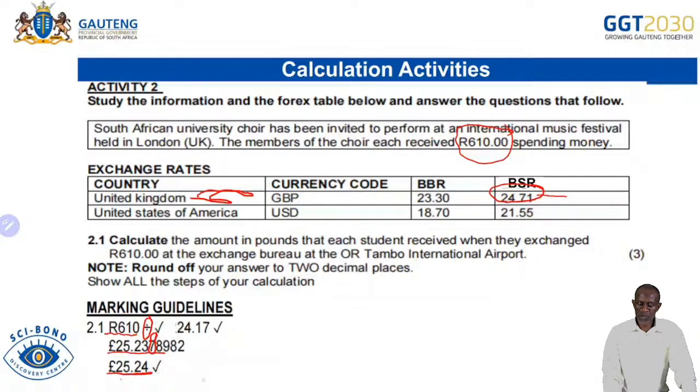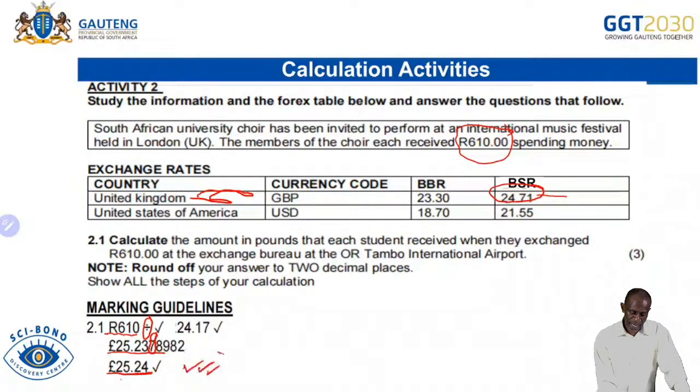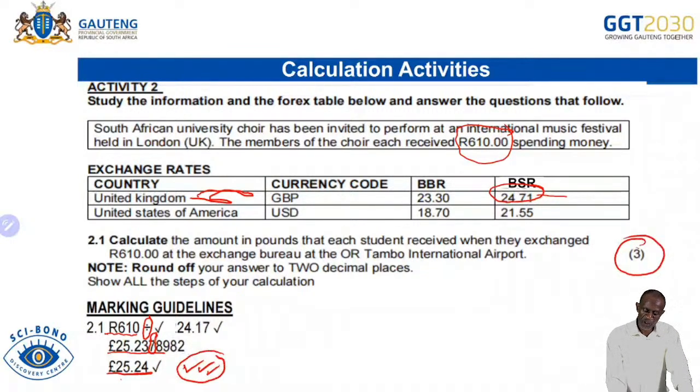So how is this marked at the marking center? How do we apply the marking memo to this kind of answer? They will give you 3 ticks for getting the answer correct. These 3 ticks, as indicated on the marking guide and on the question, are distributed as follows.